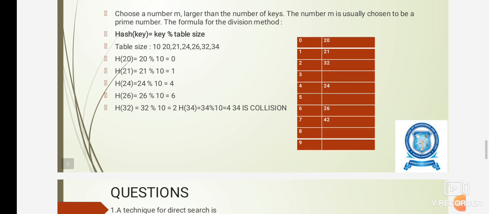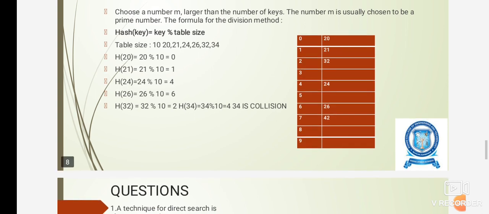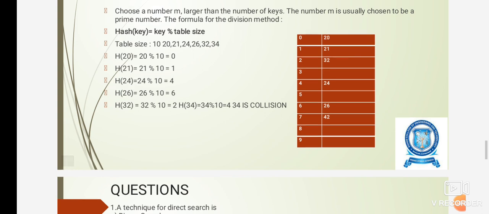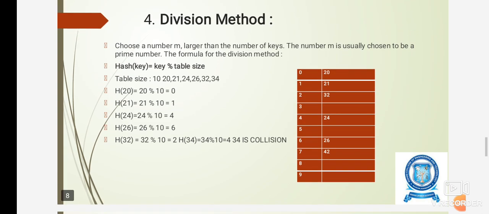So 20 will be inserted at the 0th location, 21 at the first location, 24 at the 4th location, 26 at the 6th location, 32 at the 2nd location, and 34 at the 4th location. So this is the division method.